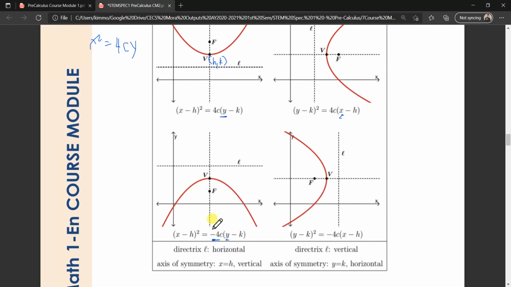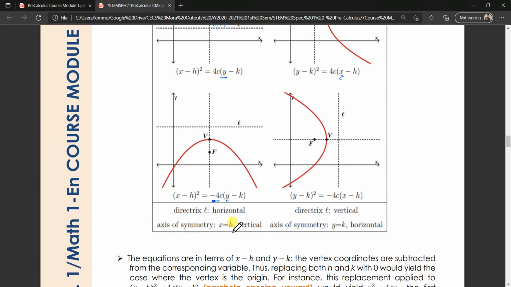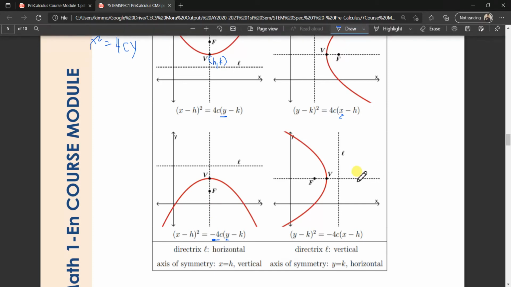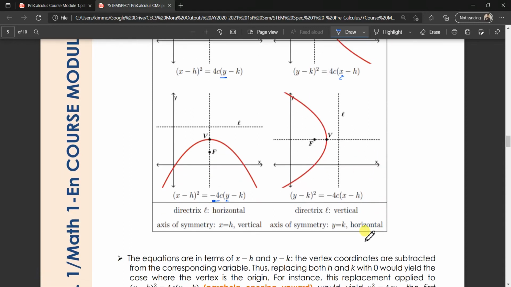For these two types or cases of the parabola, one has a horizontal directrix and the other a vertical one. Then the axis of symmetry is always opposite or perpendicular to our directrix. So if our directrix is horizontal, then our axis of symmetry is vertical. The same goes if our directrix is vertical, then our axis of symmetry is horizontal.